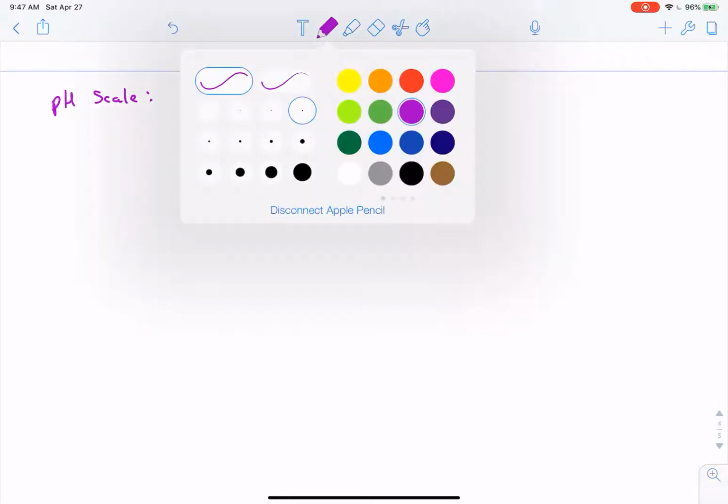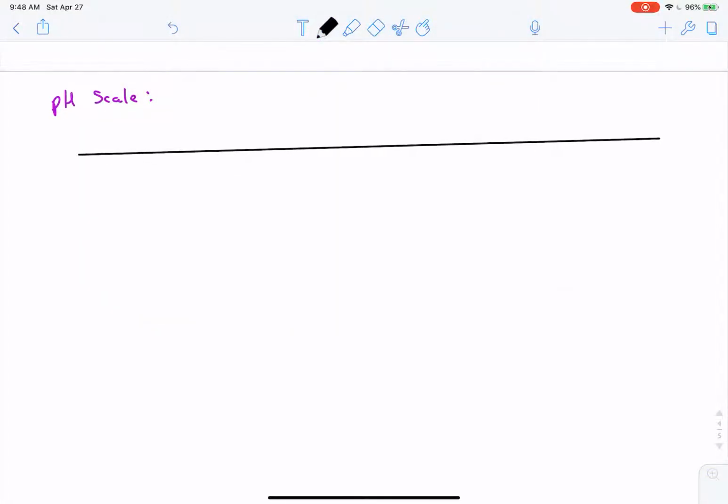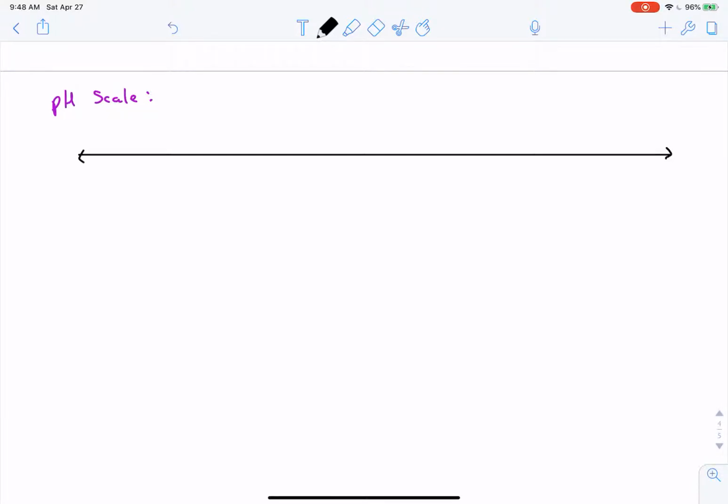pH scale. Okay. Now, this is the general scale at 25 degrees Celsius, for SL.